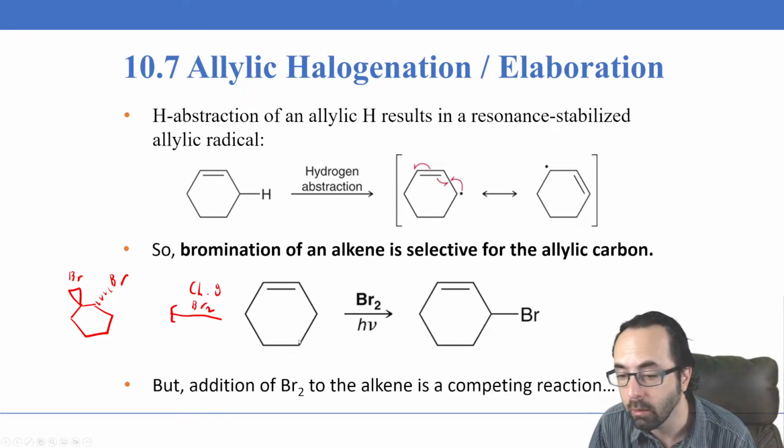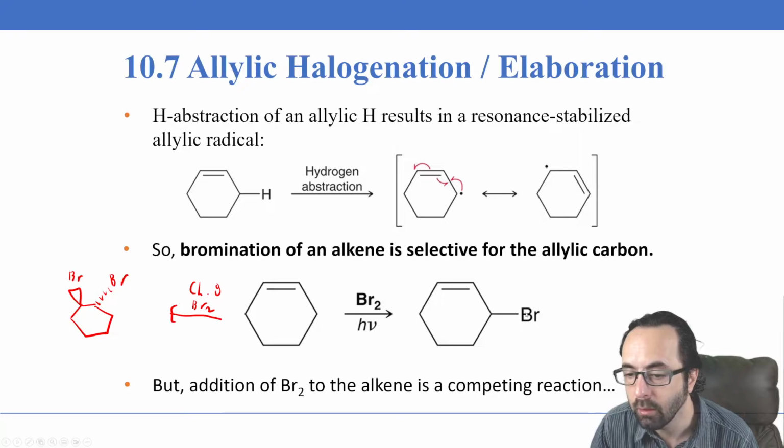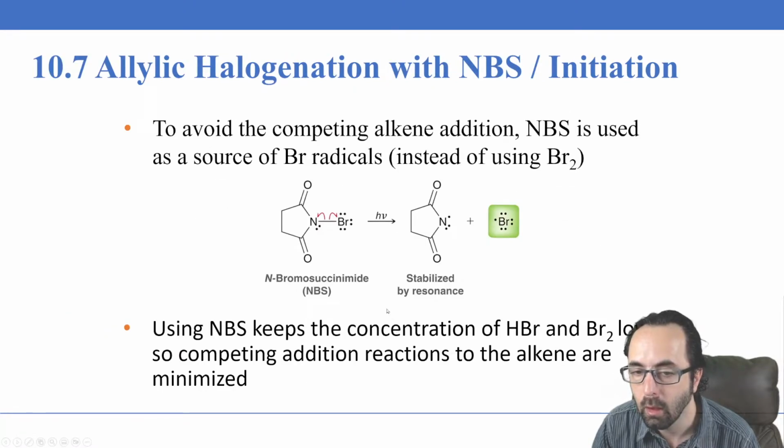These are going to be competing reactions. We'll have the radical halogenation, and we'll have the addition of Br2. So practically speaking, when we're trying to do halogenation, we often don't use Br2, although it could be used.